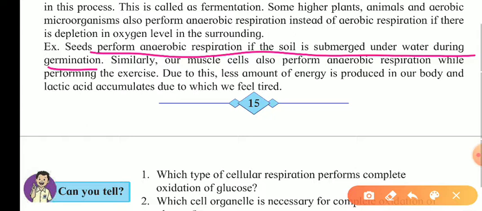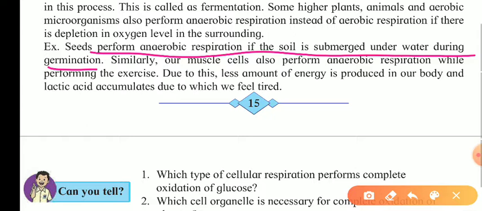Or if I talk about human beings, when people are performing physical exercise, each and every cell requires a huge amount of oxygen. If the person is not getting a sufficient amount of oxygen, then the cells start anaerobic respiration.